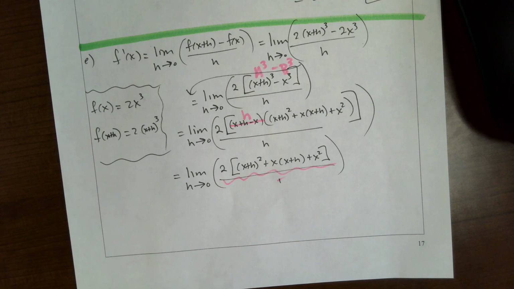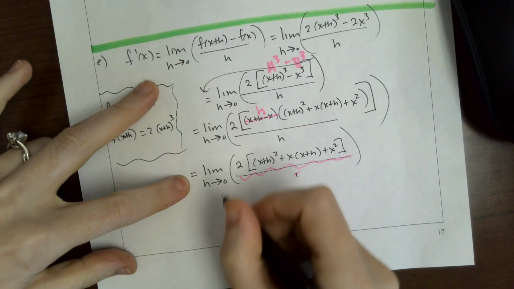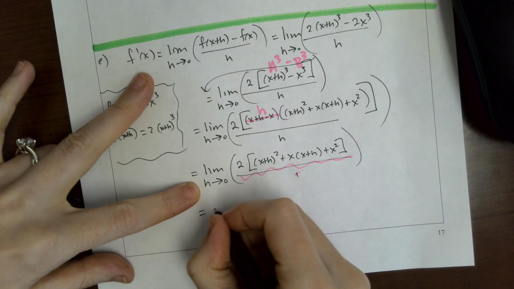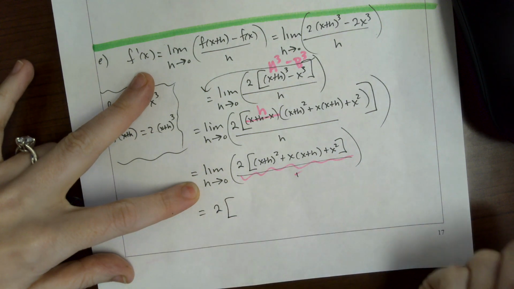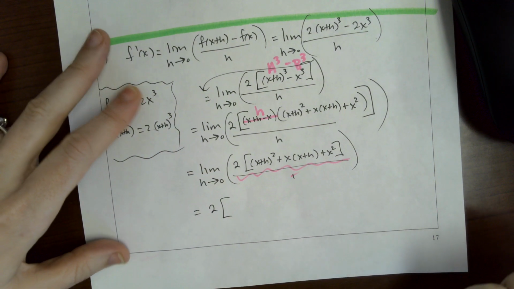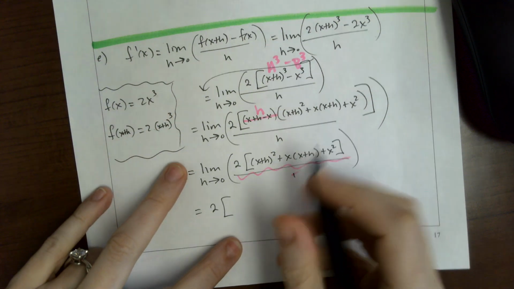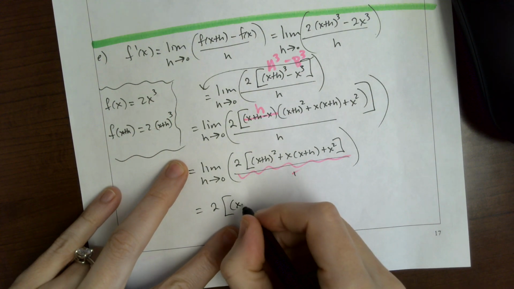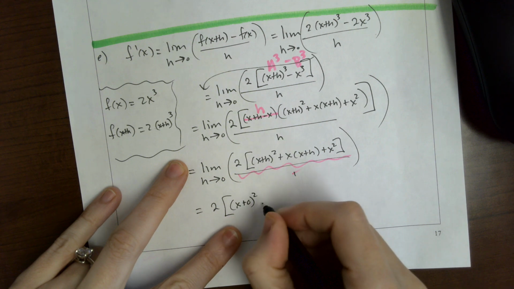Now, can we plug in h? Yes. So now I'm switching out h with 0 so I can drop the limit. So this is 2 times, and I'll go slow here. You don't have to go as slow as I'm going, but let me just show the 0.